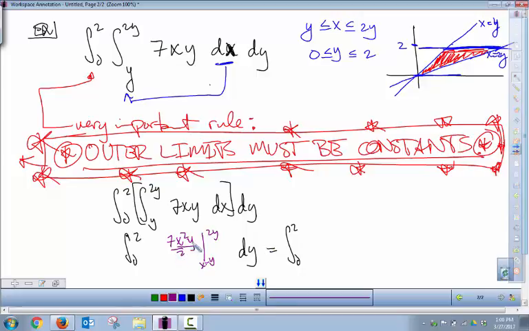So that gives us 7 over 2, and then we have 4y squared, y to the third, and then just a y to the third.